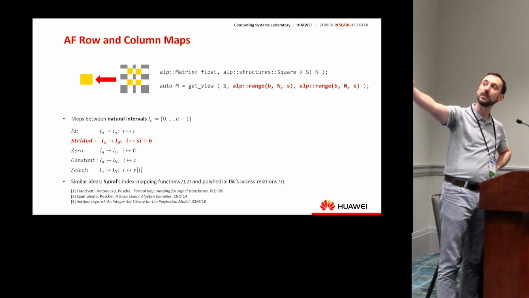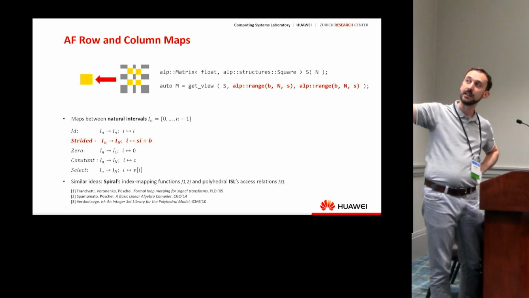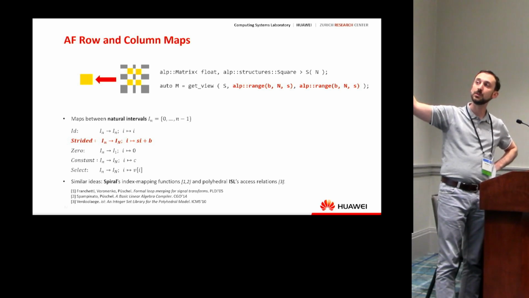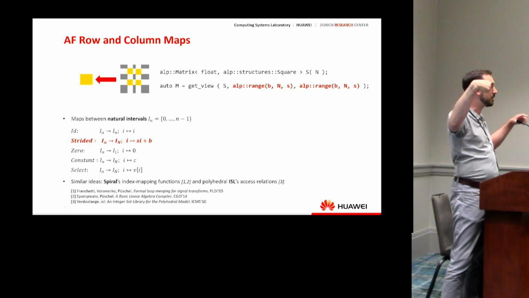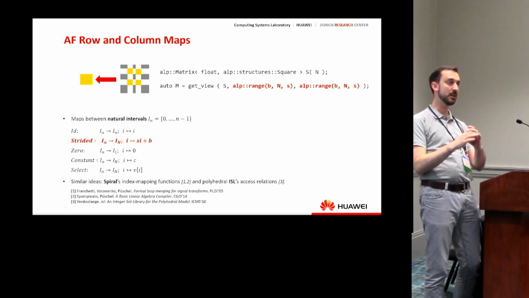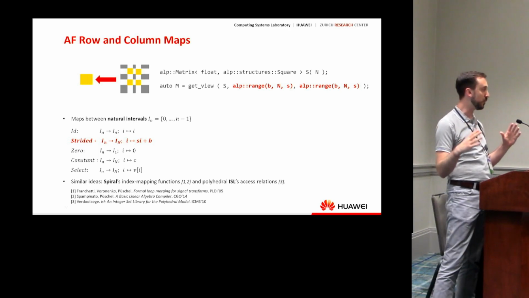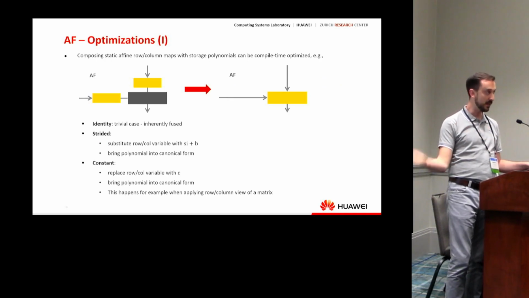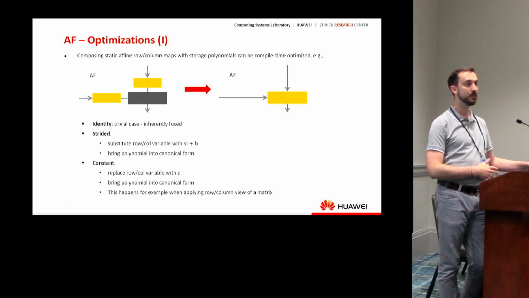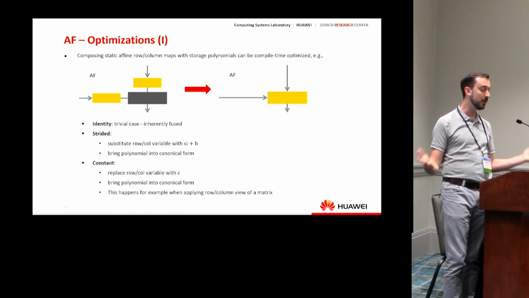So the strided one, for example, at the internal interface level, could be used to get a view over a matrix with two ranges. We would create a smaller matrix, a view within the larger one. And this can happen when both the storage and the row and column maps are static, by composing them.